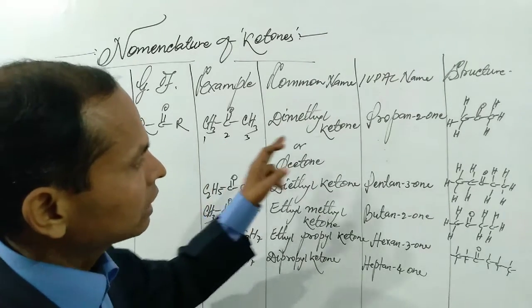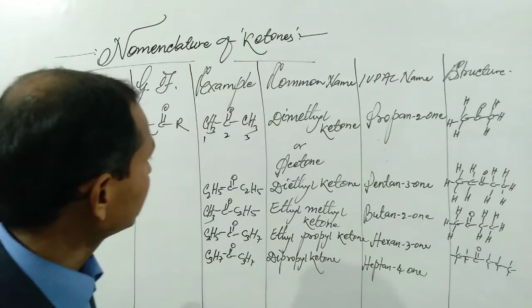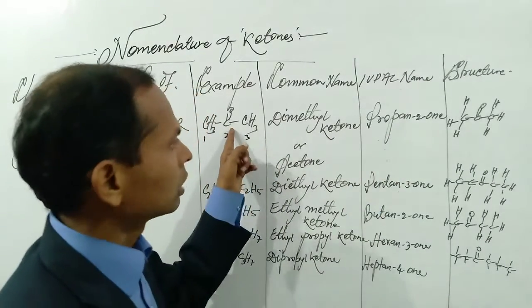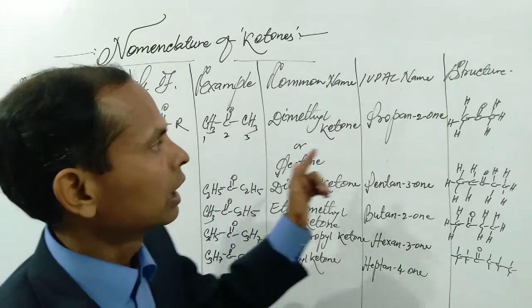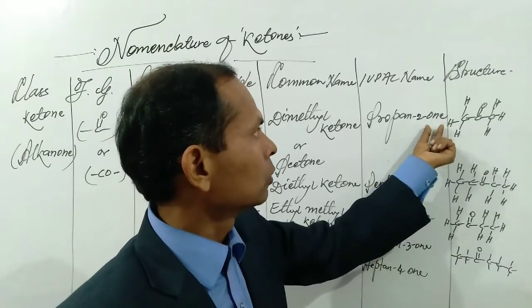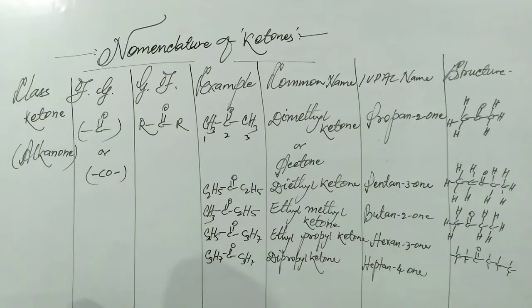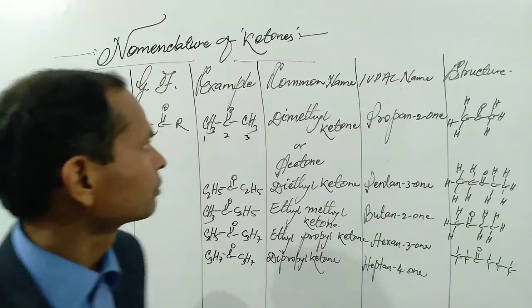So in the IUPAC name of such compound, digit 2 is given. That is, 3 carbon is for propane and 2 for carbonyl group. This is the carbonyl group present at second carbon atom, and we can use one in the last of such words as propan-2-one, and this is the structure of the compound.